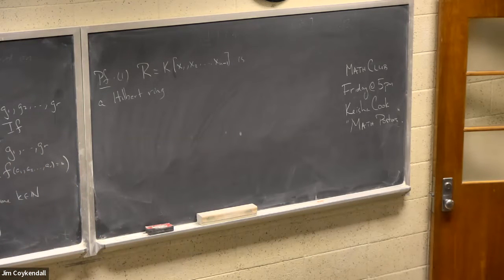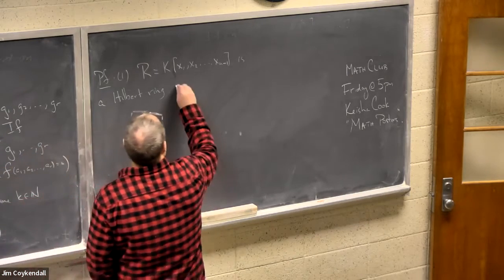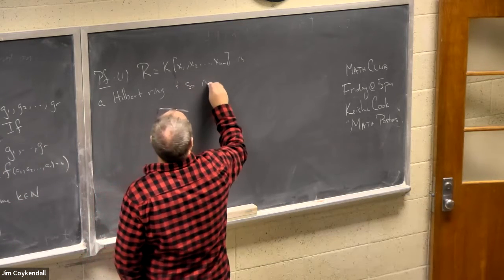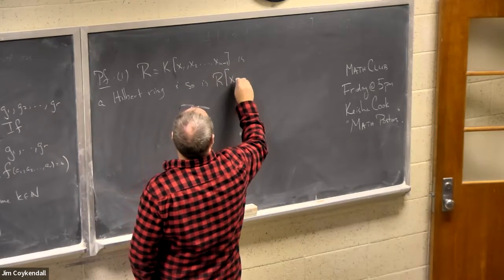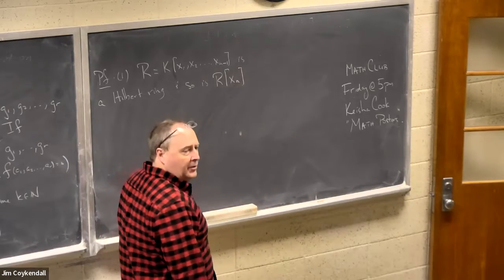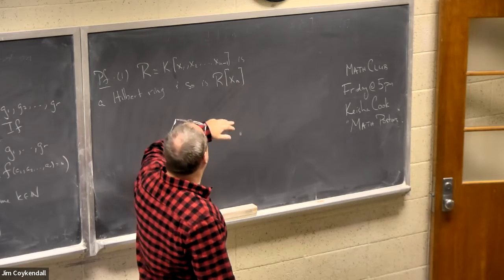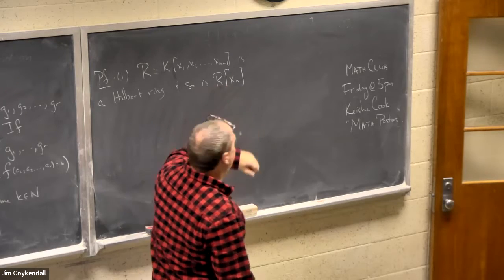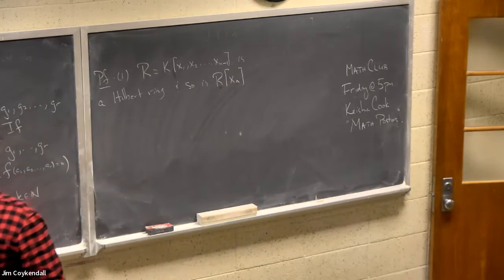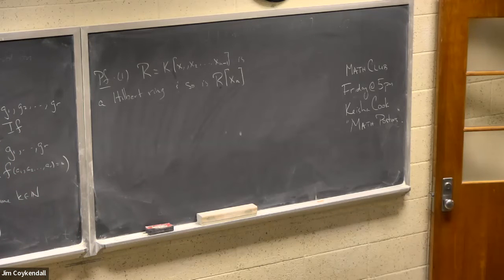So K[x1, x2, up to x(n-1)] is a Hilbert ring, and so we now consider R[xn]. This is by our previous result that if R is a Hilbert ring, so is the polynomial extension. And of course, this is actually the polynomial ring over K in n variables. This is a Hilbert ring.